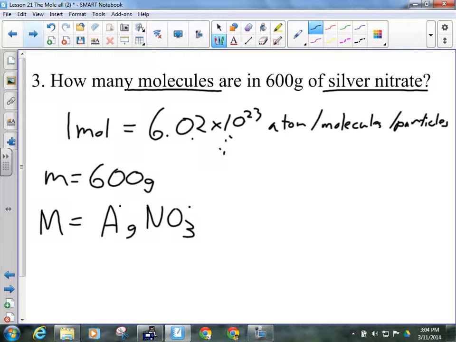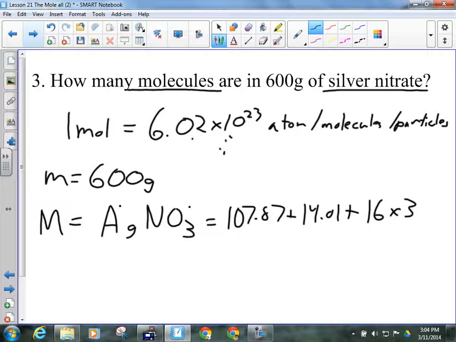If I want to find the molar mass of this, I've got 107.87, plus 1 nitrogen, 14.01, plus 3 oxygens, 16 times 3. Everybody with me? So we'll figure out what that is.